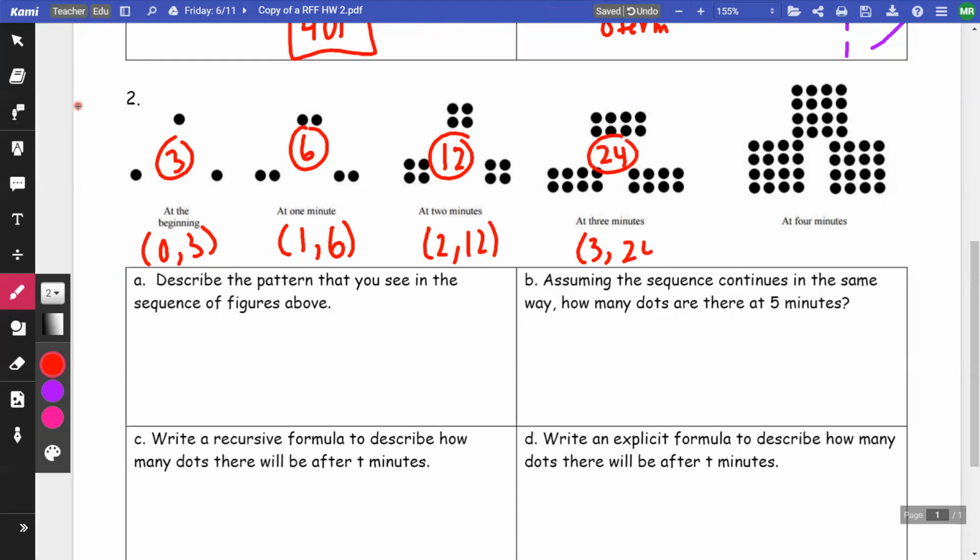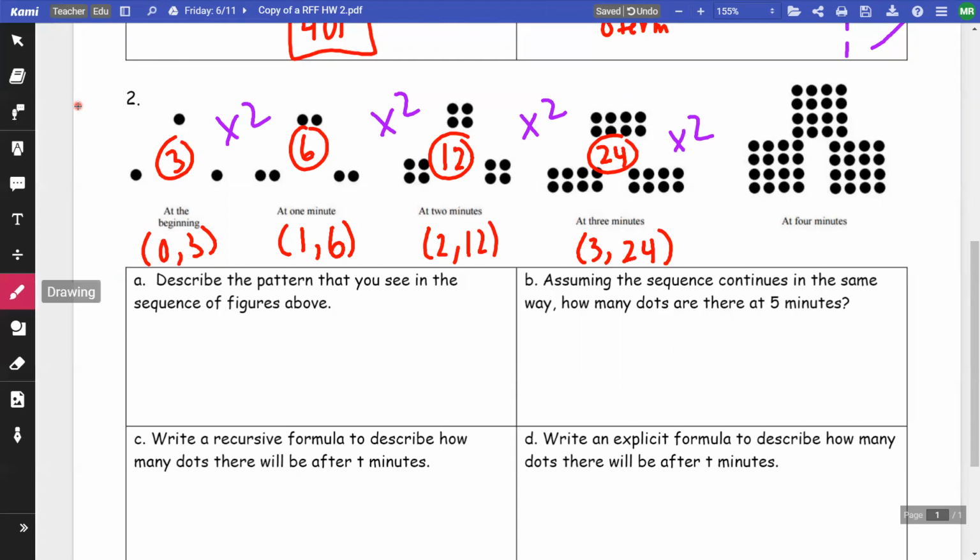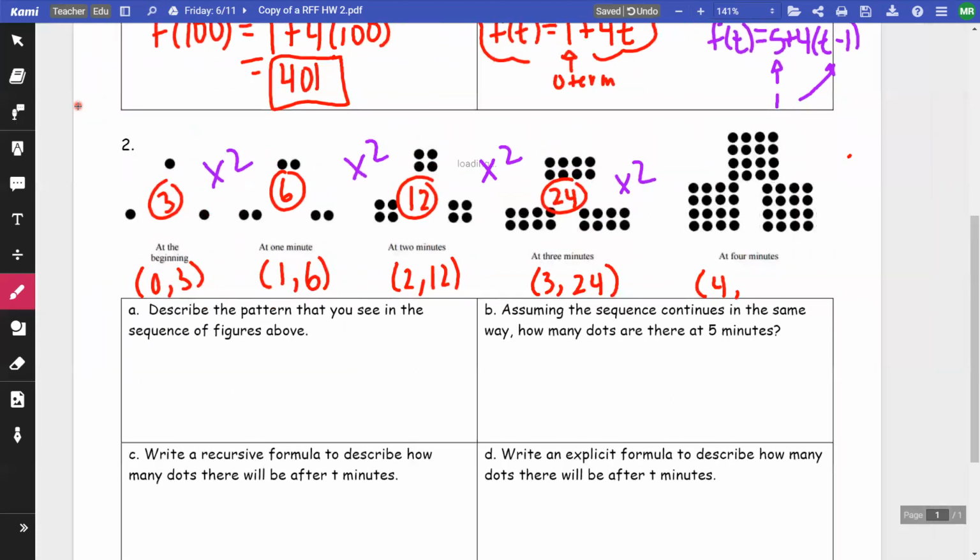And what you'll notice is happening is every single time I'm timesing by 2, times by 2, times by 2. And I'm assuming this one's going to be times by 2 also. Let's take a peek. So this is going to be 4, and I got 4 by 4. So I've got 16 times 3, which is going to be 48.